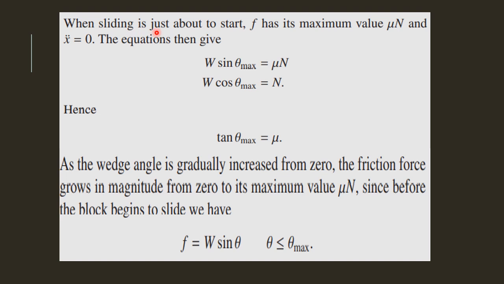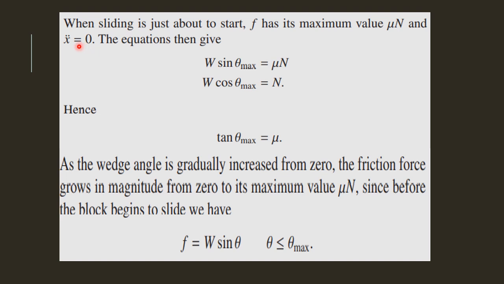Now when sliding is just about to start, F has its maximum value, which is equal to mu N. We have found in the notes that the maximum friction is equal to mu N. At that point x double dot is equal to 0.